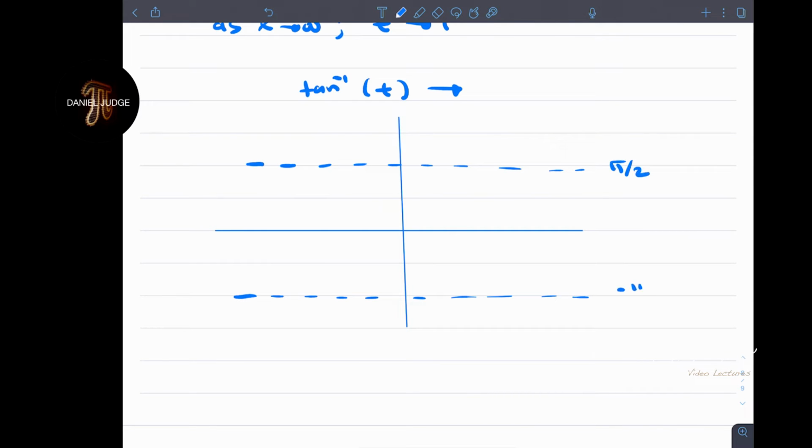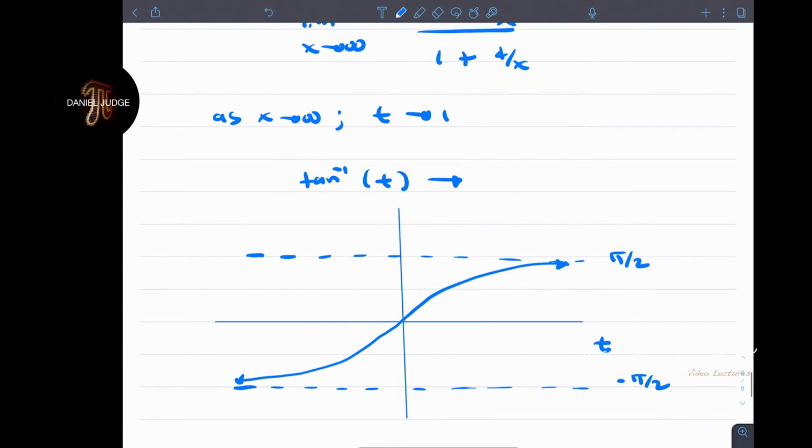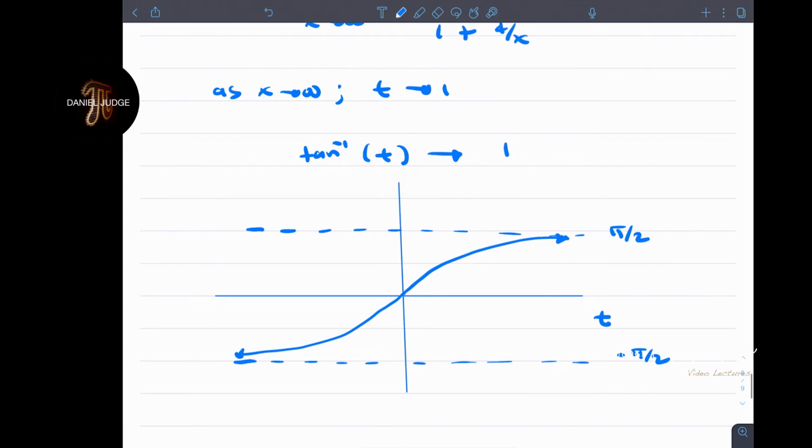Pi over 2, minus pi over 2. This is the curve. I guess this is t here. Well, this is a nice continuous curve. Okay, this curve is nice and continuous here.